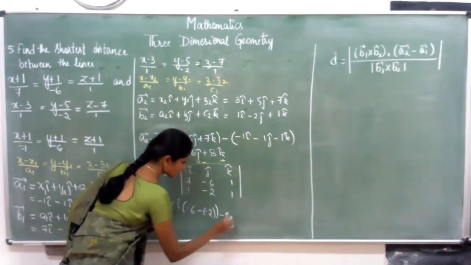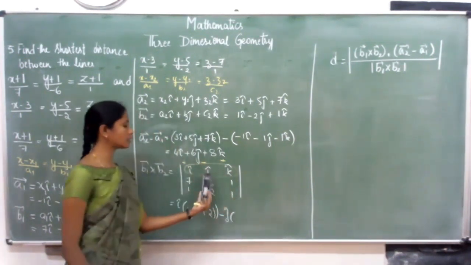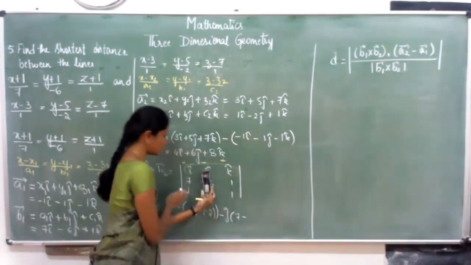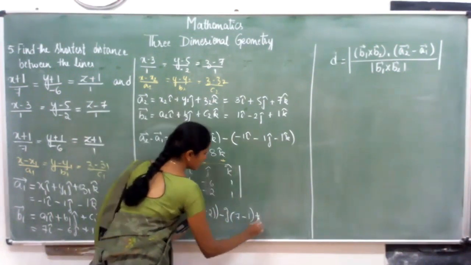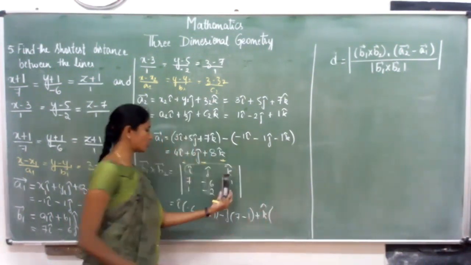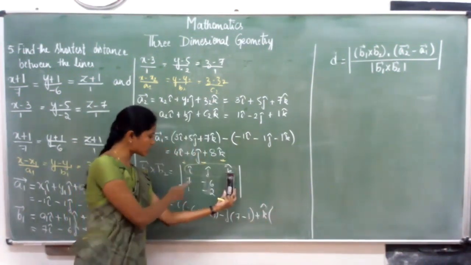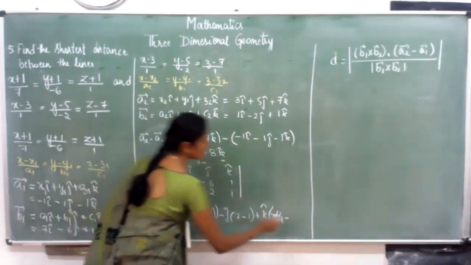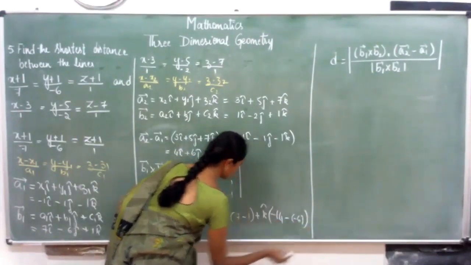Then minus j cap into, neglecting the first row and the second column, 7 into 1, which is 7, minus 1 into 1, which is 1. Next, plus k cap, neglecting the first row and the third column, 7 into minus 2, which is minus 14, minus 1 into minus 6, which is minus 6.